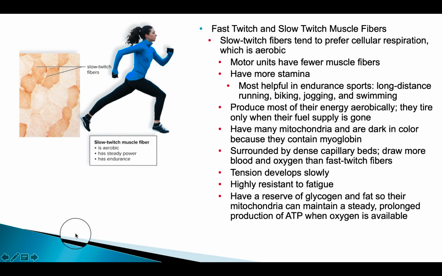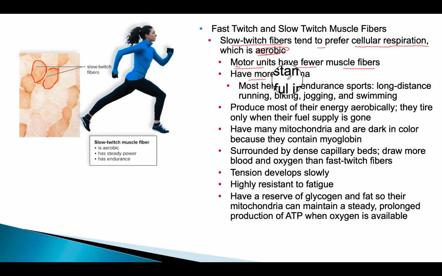So here is now the slow twitch muscle fiber. These are the darker ones, right over here. Slow twitch fibers tend to prefer cellular respiration, the third one, which is aerobic respiration. Motor units here will have fewer muscle fibers.